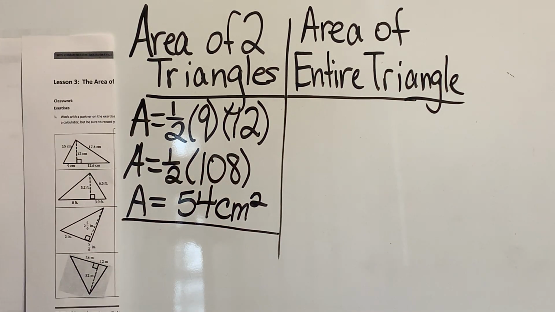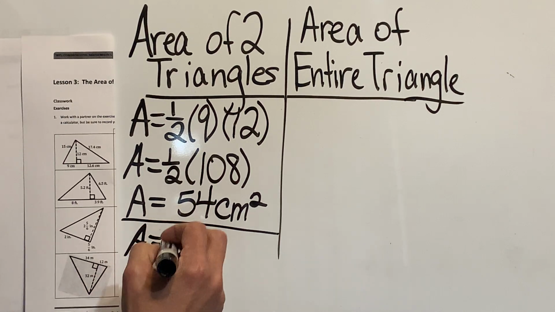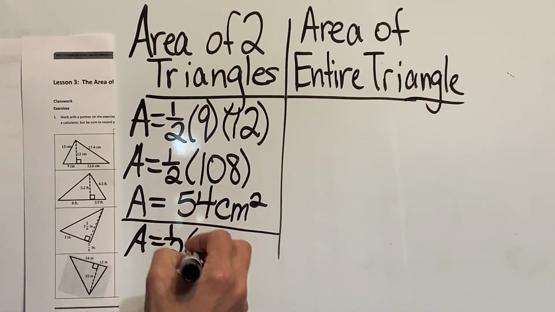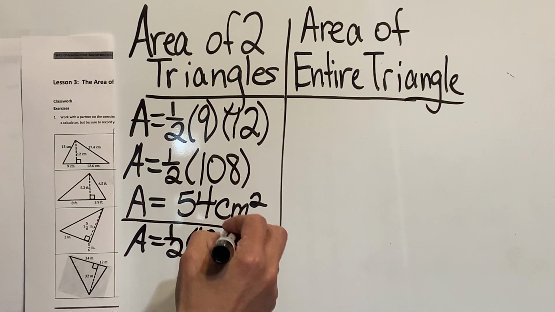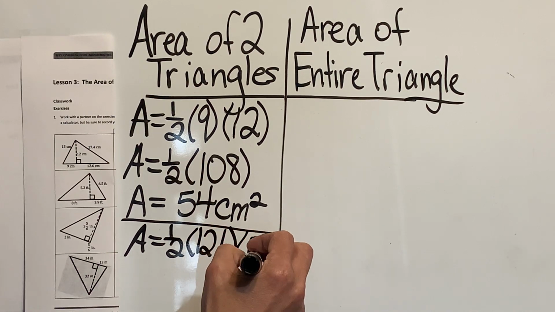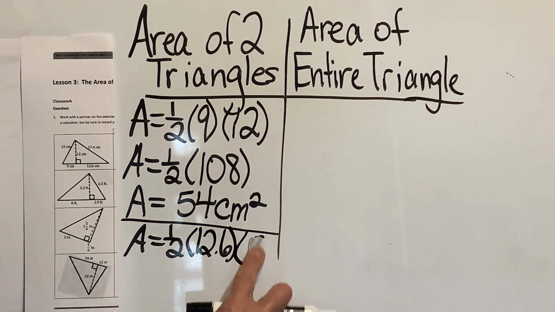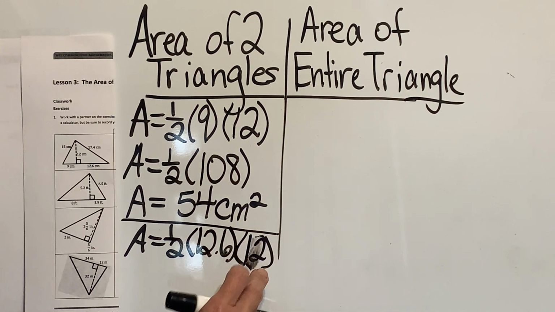Now I have to find the area of the other right triangle. So I've got half base, which is 12.6, times 12. Sorry. Times 12.